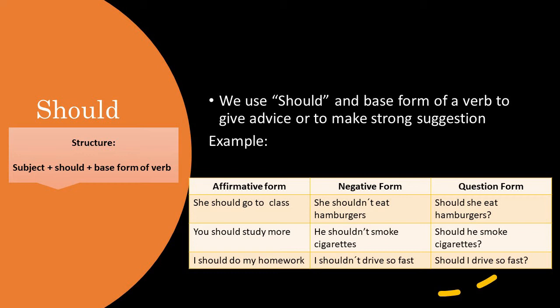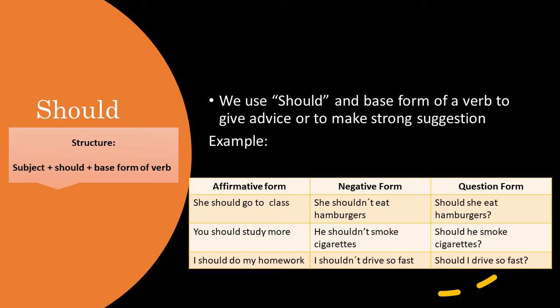So for questions, we use first should plus the subject plus the verb in the base form. So we have: should she eat hamburgers, should he smoke cigarettes, or should I drive so fast, right?